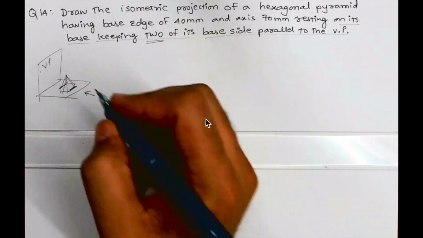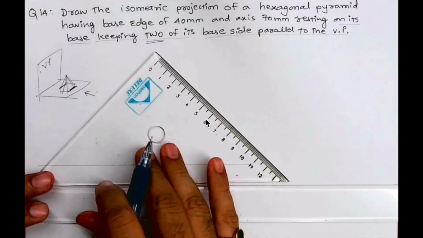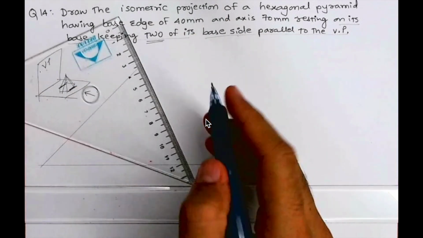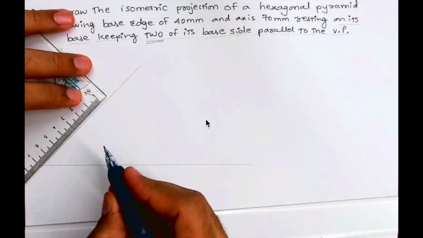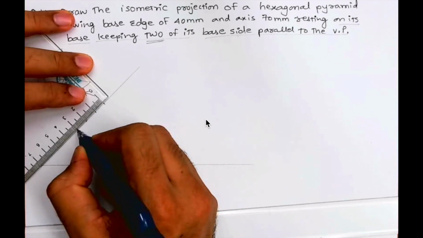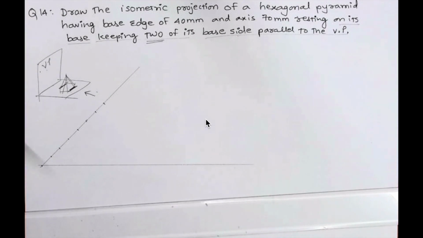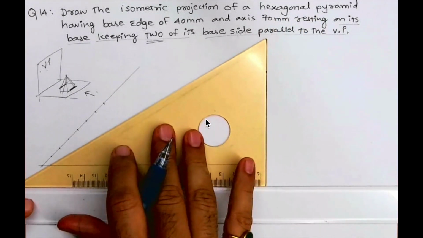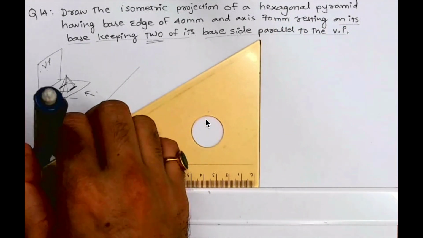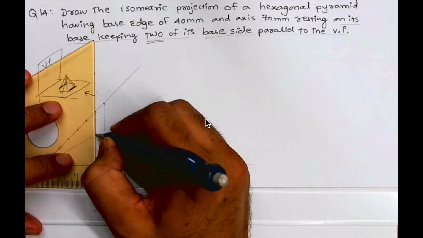So when we draw, first we will draw the isometric scale. We are drawing the isometric projection for a hexagonal pyramid. The maximum length is 70, so I'll mark 70 millimeter, and then I will take 30 degree and draw a vertical line from here.